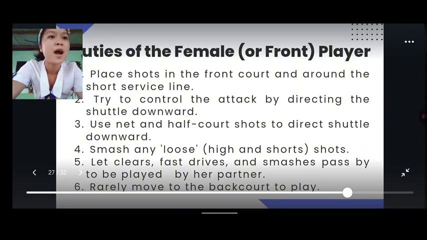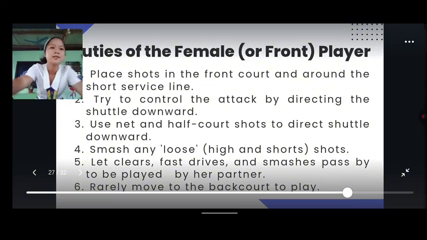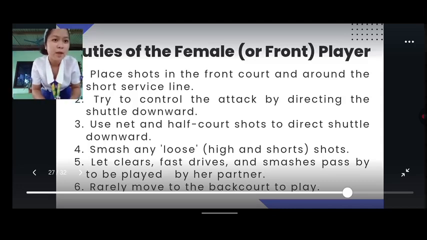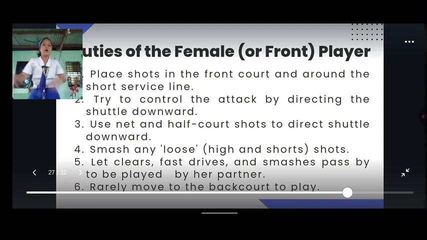So, smash any loose, high and short shots. If the opponents return the shuttle high and short, she should smash it down to score a point or force a weak return. So, smash whether the opponent's shot is high or low.